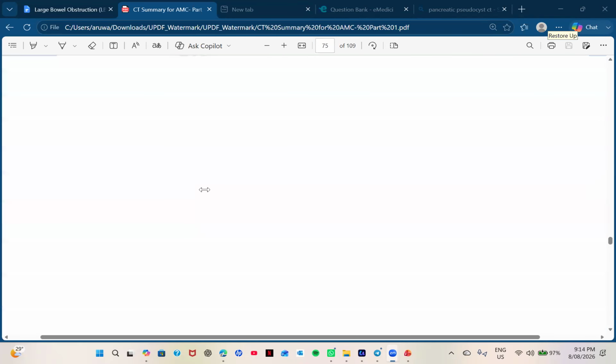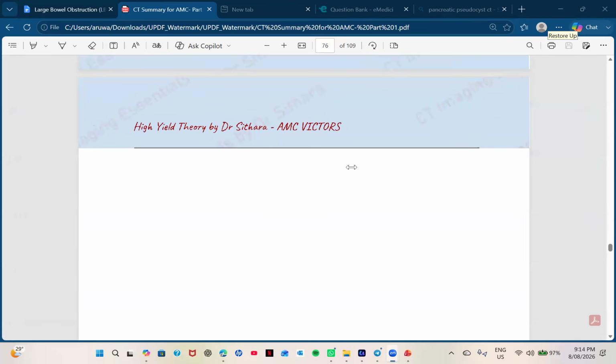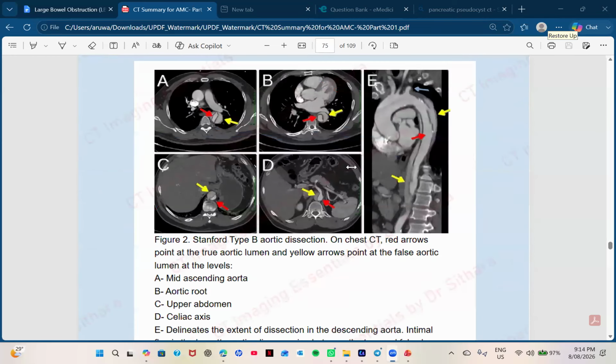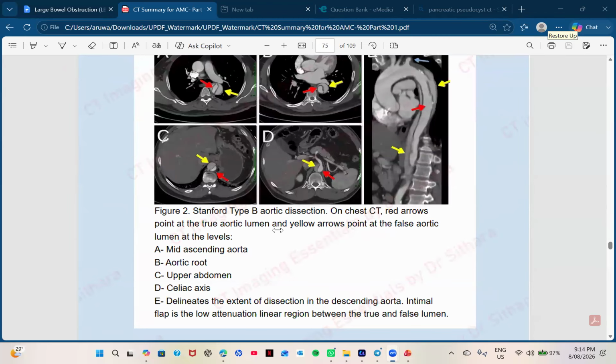This is the only picture I could find. Here they have given the true aortic lumen, and the yellow is the false aortic lumen.